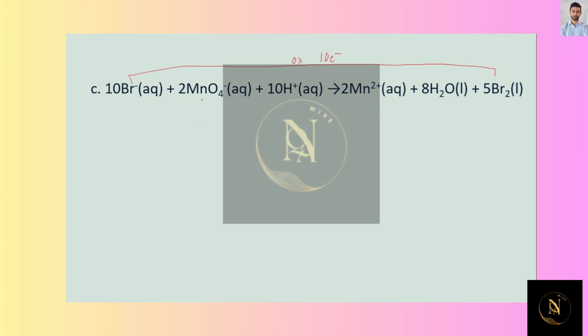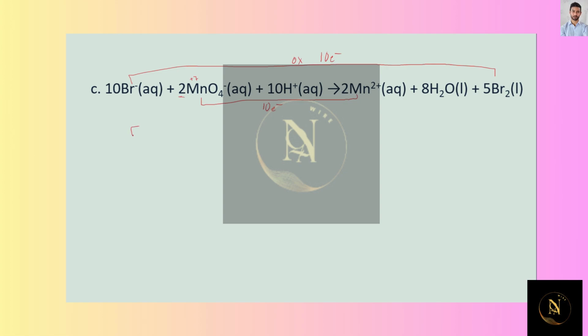Let's double check with our reduction. The permanganate is changing oxidation numbers from, if you solved for the oxidation number here, you would find it's +7, to +2. That's 5 electrons that it's gaining, but there are 2 of them. So again, that is a 10 electron system.